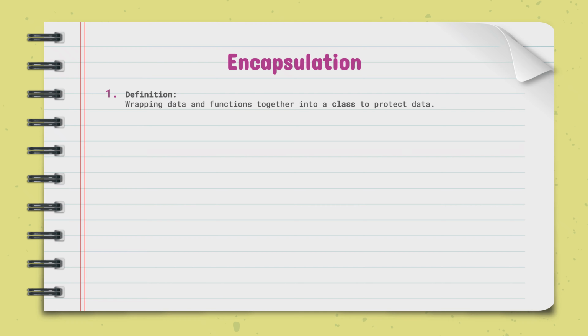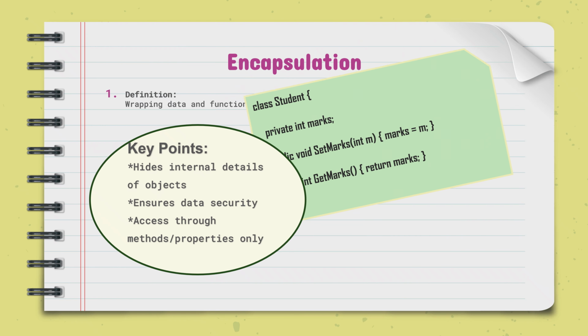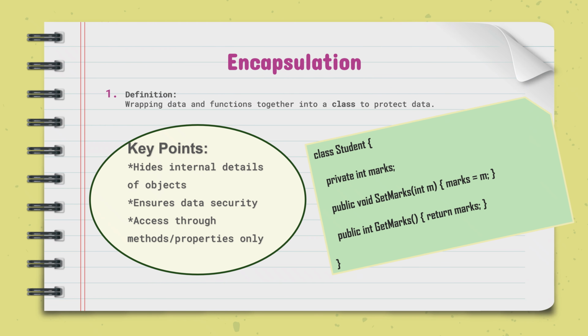Encapsulation means wrapping data and the methods that operate on the data inside a single unit, or a class. Example: there is a class Student, with private int marks, public void SetMarks where we pass an argument m, marks equals m, and public int GetMarks, where we return the marks. Here marks is private.